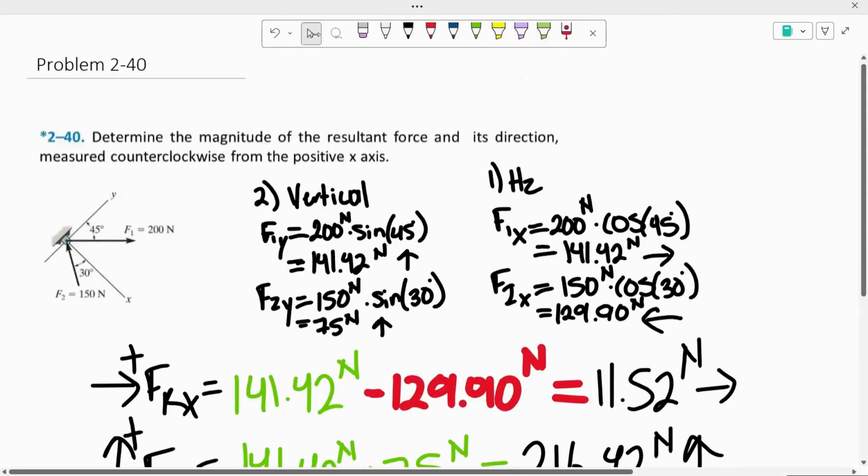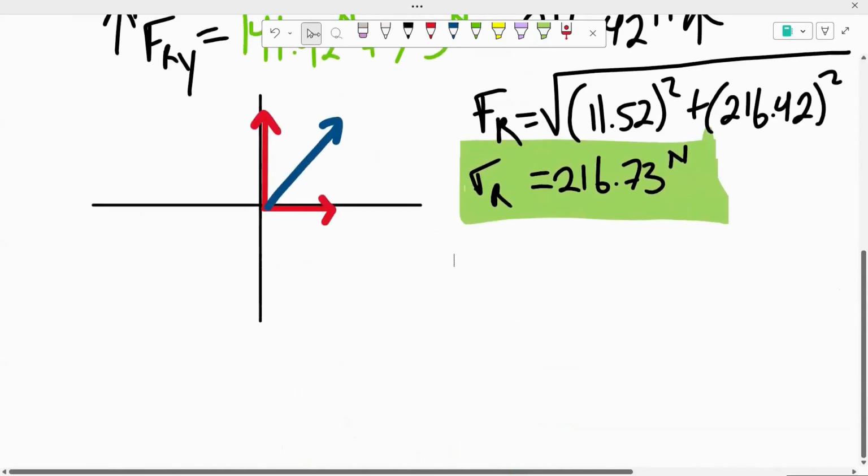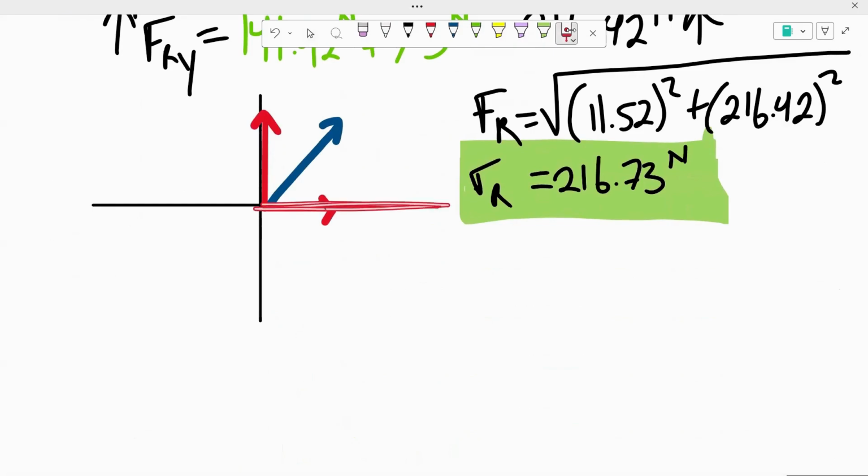Now for the second part, it is asking us to find its direction measured counterclockwise from the positive x-axis. So from the positive x-axis, we are going to be going counterclockwise until we hit that resultant force. That means we're trying to find this angle right here, which we'll call theta.